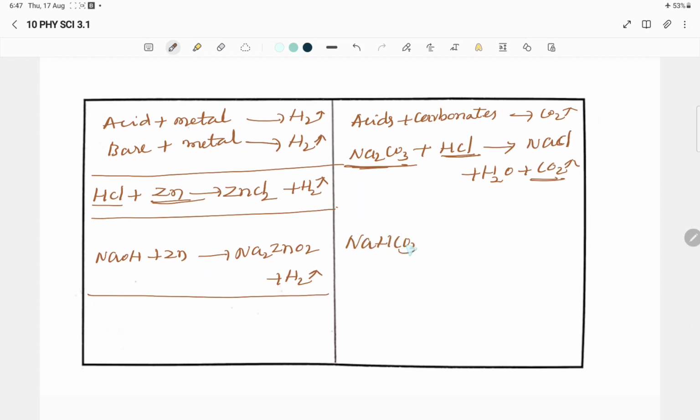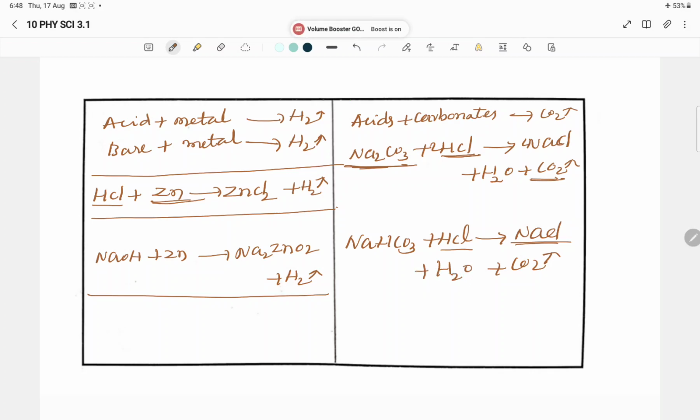Sodium bicarbonate plus HCl gives rise to NaCl plus water H2O plus CO2 gas.